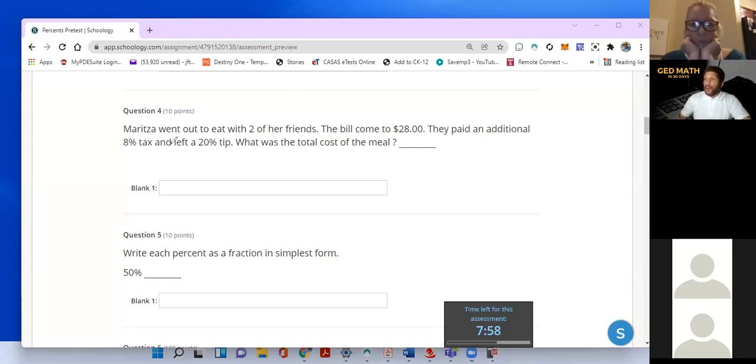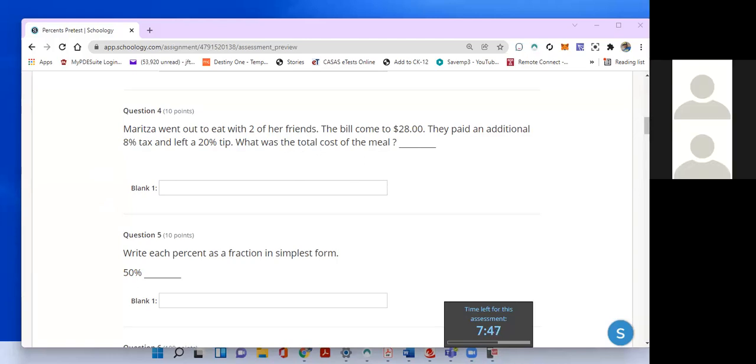If we were doing this by hand, how would we find the bill plus the tax? We multiply 28 by the percent as a decimal. And what's 8% as a decimal? 0.08.